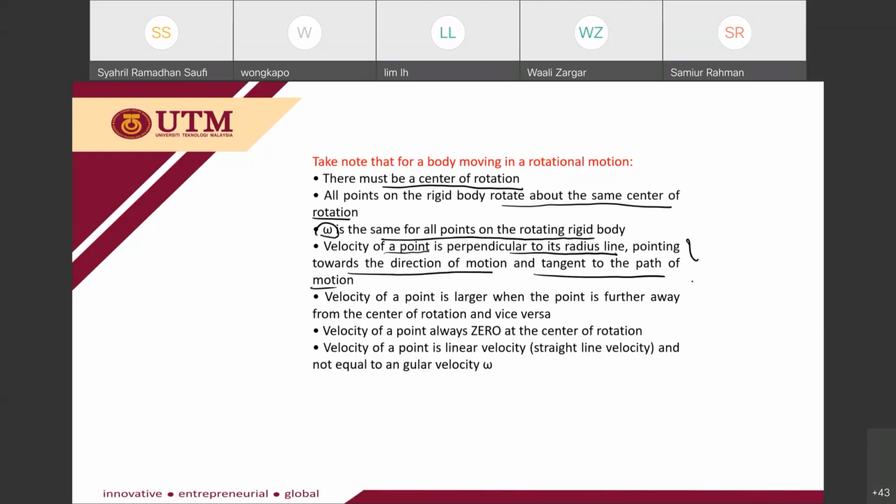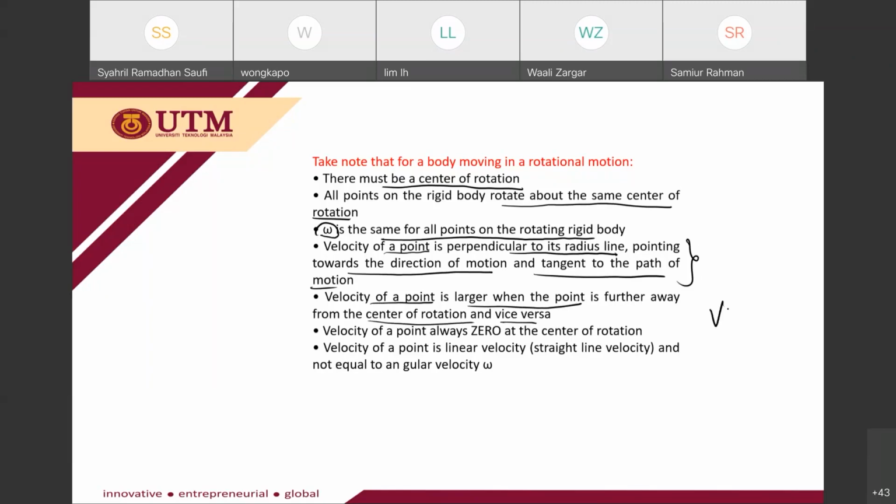This is how you determine the velocity of each point in the rigid body when it moves with rotation motion. The velocity of a point is larger when the point is further away from the center of rotation, and vice versa.